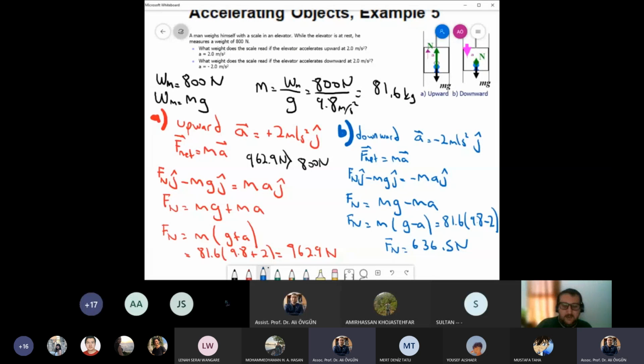And here you can see that this is smaller than 800 Newton. So when the elevator is going downward, your weight is decreasing. So if you want to find your weight less than before, you must go to the elevator and go down. So this is also one simple example.